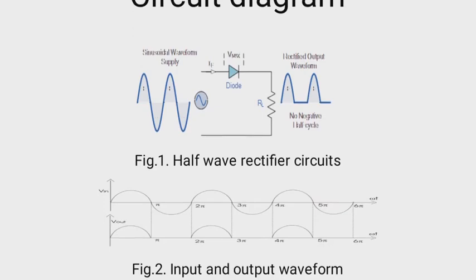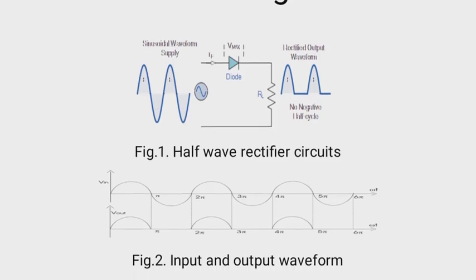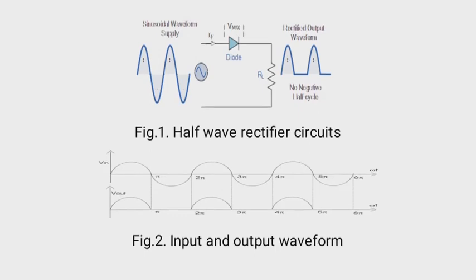So 0 to pi is the half wave and 0 to 2 pi means the entire full wave cycle. During the positive peak, that means the 0 to pi duration, the diode is in conducting state because the polarity of the upper side is positive and the lower side is negative. In that case we get the output voltage, denoted here as Vout, from 0 to pi range.